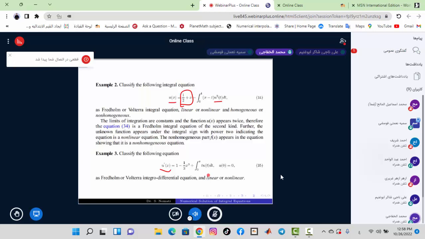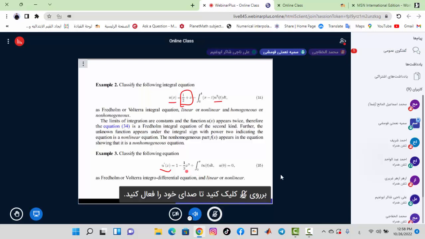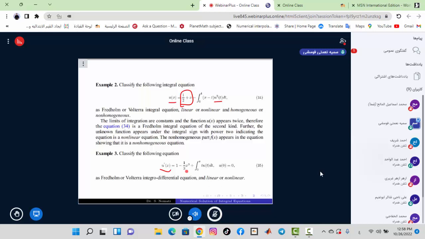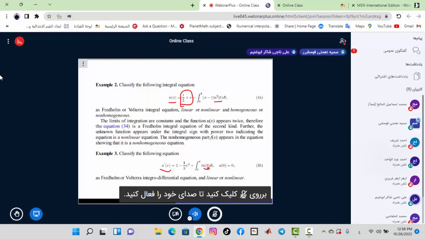X to the power 3. No, no, let me explain. To check linearity or non-linearity, you just have to consider the function in terms of u. If the function u appears in nonlinear form, you call this nonlinear. But if u appears linearly, you call it linear. Since the function u appears in a linear form, you call this a linear integral equation, okay?